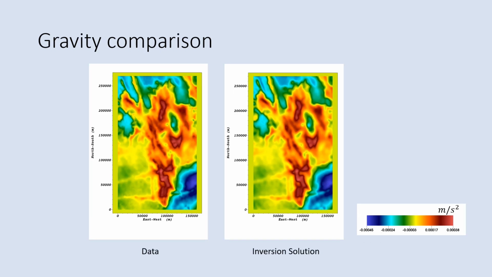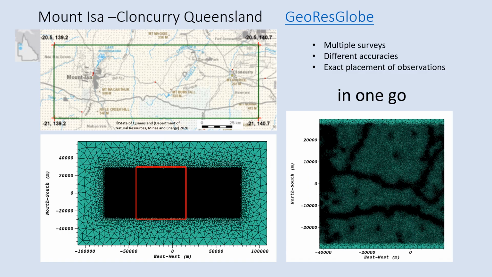And here is our gravity map. On the left is the input data and on the right is our computed gravity, and you can see the similarities. Our solution is slightly smoother than the input data, which can be seen in the slightly smaller magnitude values of the gravity. This is expected as we have added smoothing to the cost function. Our goal was always to invert point gravity data without the need to interpolate the data to a grid.